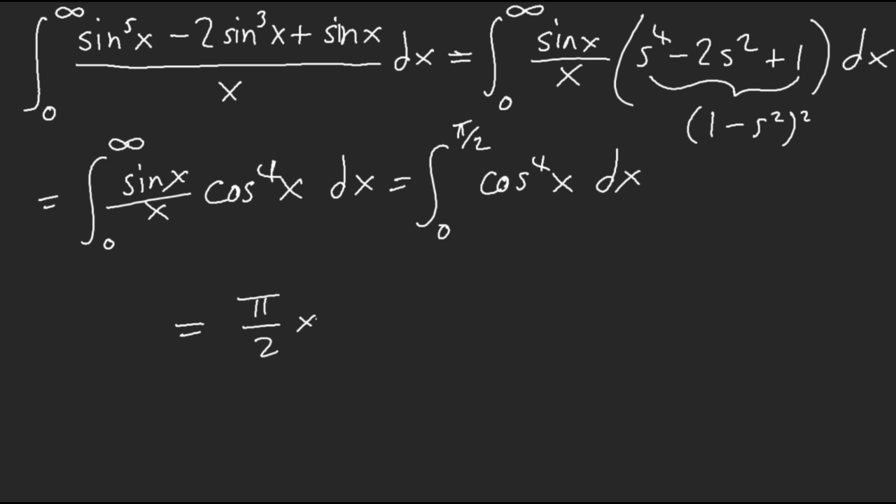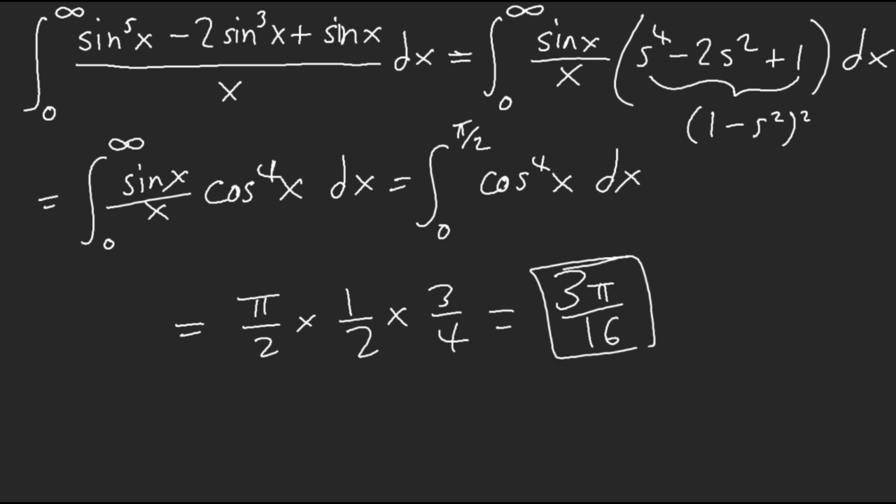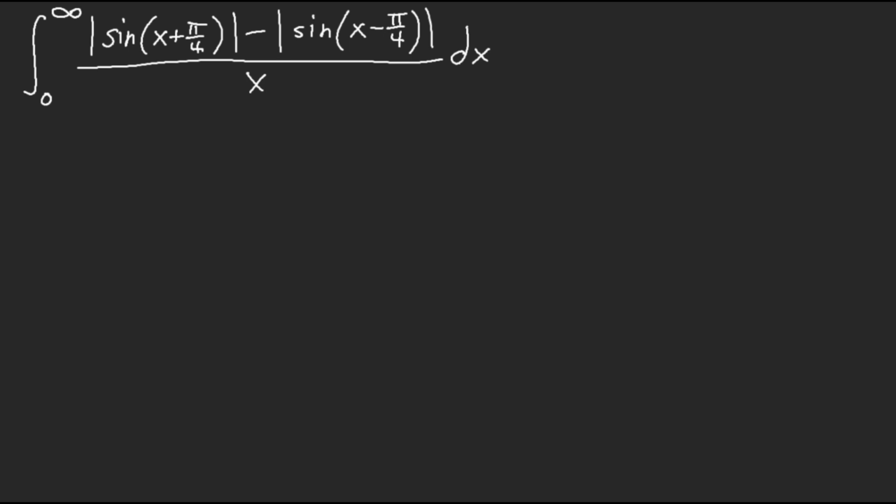This is pi over 2, 1, 2, 3, 4. Yep. And so now our answer is simply 3 pi over 16. Look how fast that was, right? So if you can, try to pull out a Lobachevsky before doing a Dirichlet, see if there's something nice.